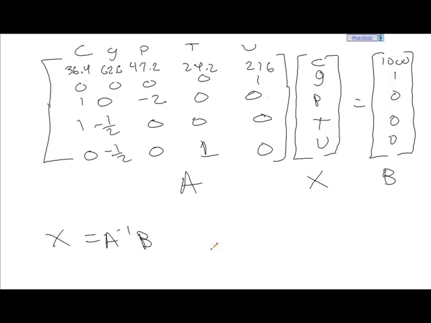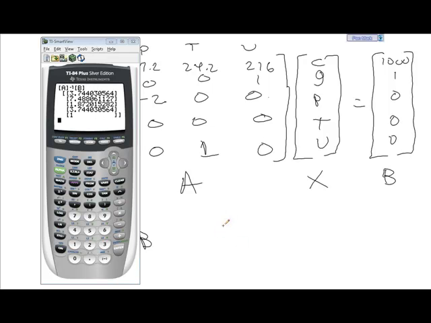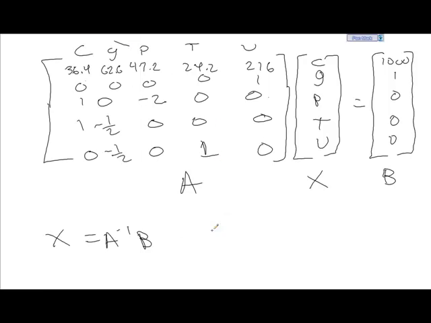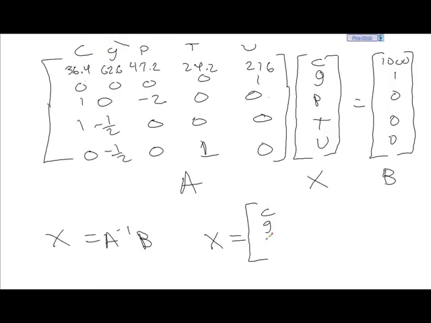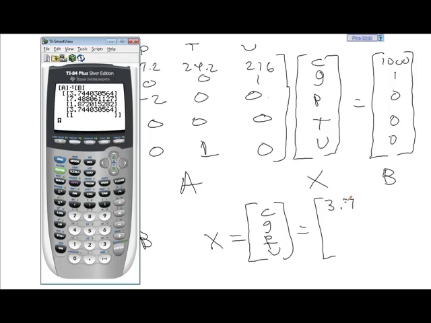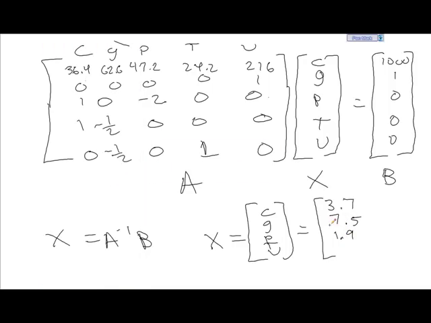So my X matrix is going to be X equals, and my variable order should still be the same actually, C, G, P, T, U. And my outcome is 3.7, 7.5, 1.9, 3.7, and 1 trip.